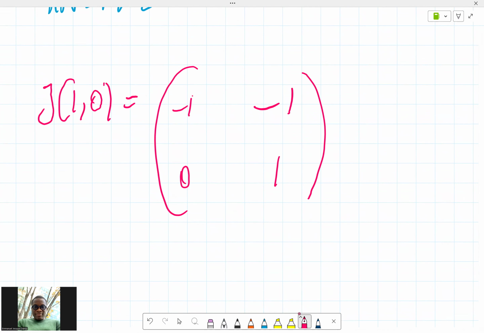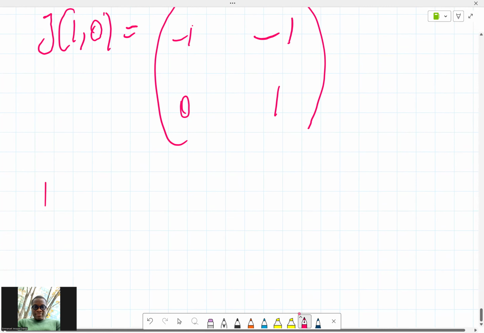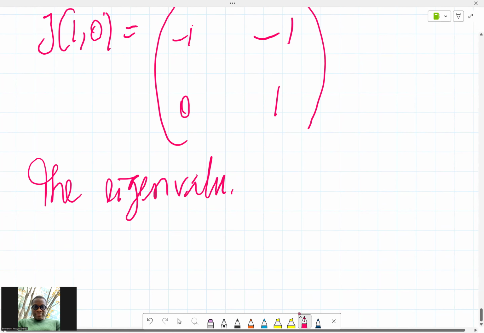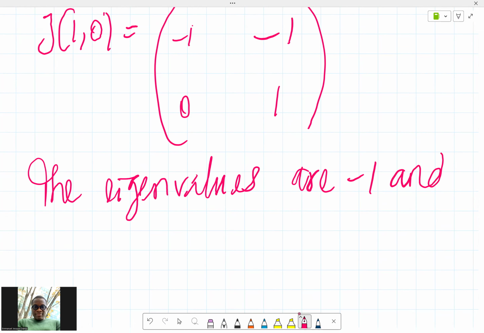So in this case now, the eigenvalues, this still looks like a triangular matrix. So the eigenvalues will just simply be this and this. So the eigenvalues are minus 1 and 1.